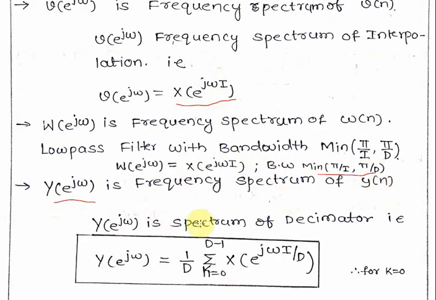It is nothing but the frequency spectrum of the decimator. That is, Y of e power j omega is equal to 1 by D summation k equal to 0 to D minus 1 of X of e power j omega I by D.